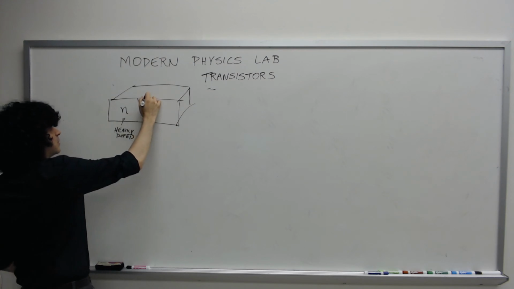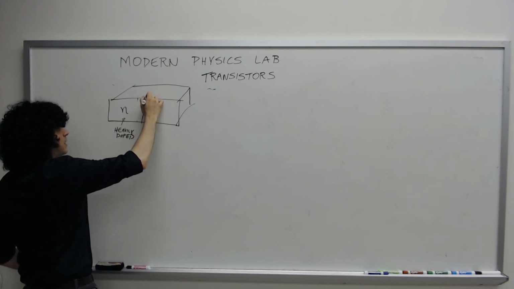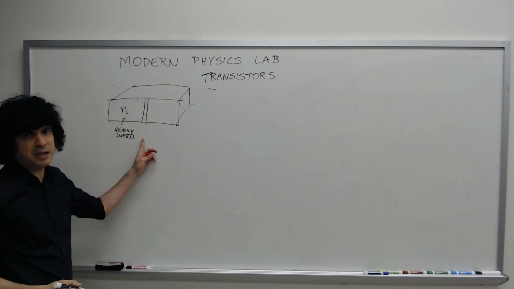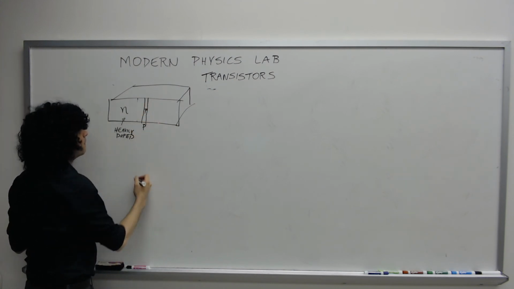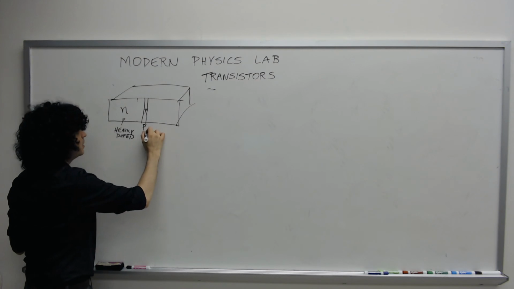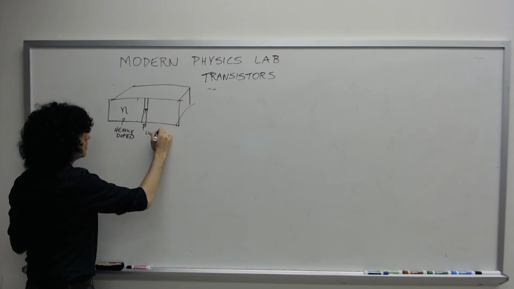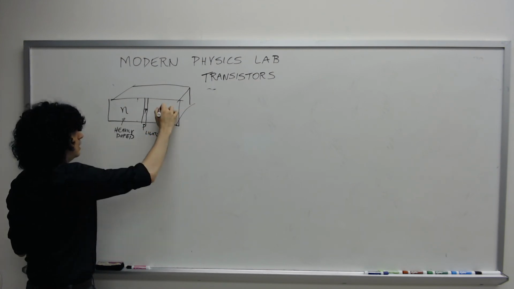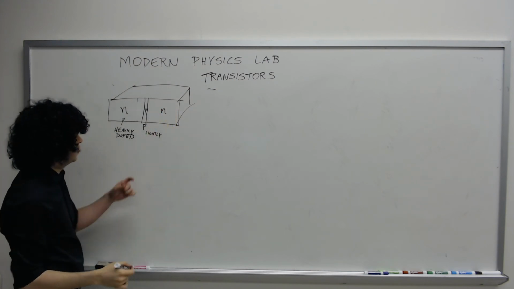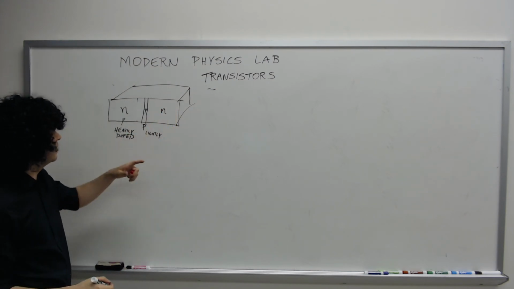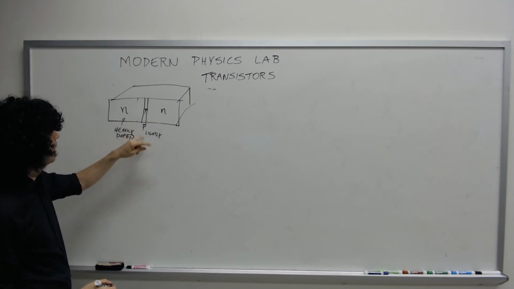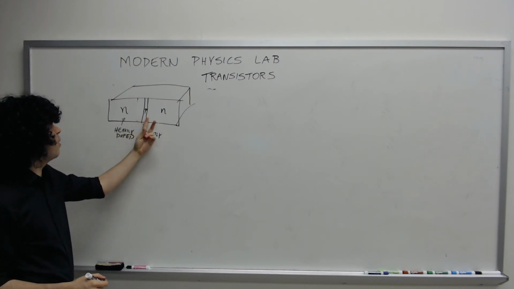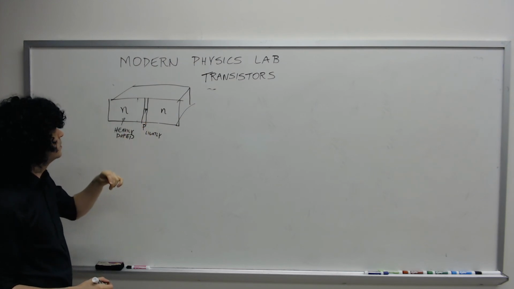Then an intrinsic semiconductor, N doped, and here in between I have a very thin layer of P doped and lightly doped, and here I have another N doped, which can also be lightly doped. So this is a bipolar junction.